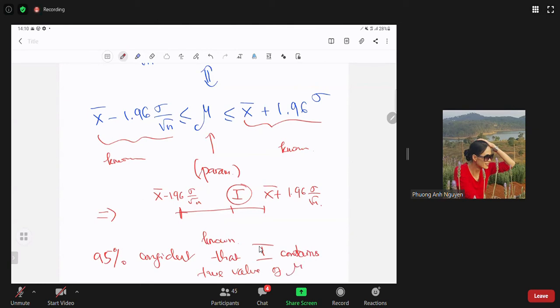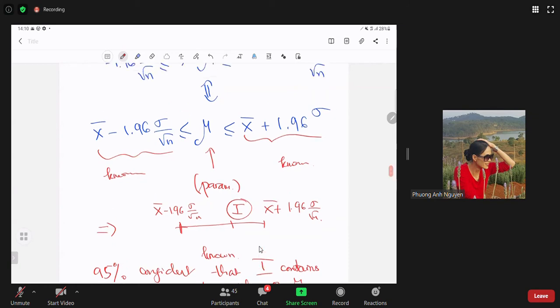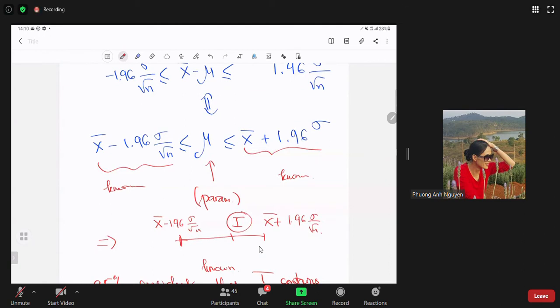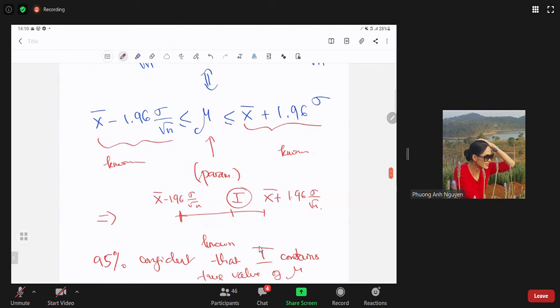Here we cannot talk about probability anymore, because mu is a parameter, a number which is a constant. We don't know it, but actually it's a constant. It's not like X bar, which varies according to the sample; mu is unique.